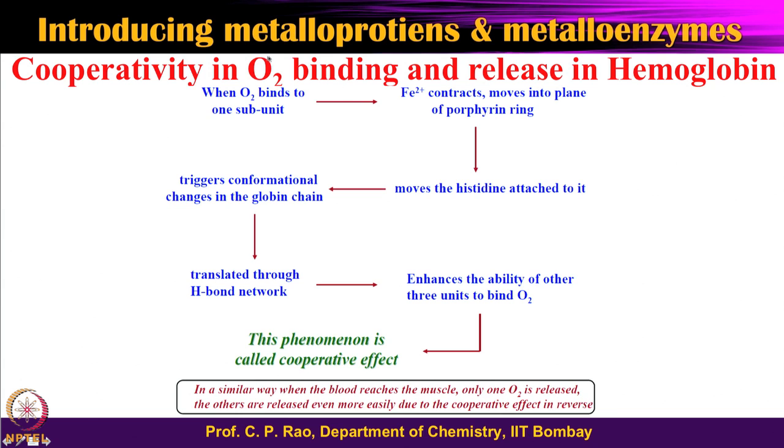So, on oxygen binding, the iron contracts and gets more into the porphyrin ring, that gives a movement on the iron histidine bond, and that creates a conformational change, and this conformational change is transferred from one unit to the other, which results in the cooperative effect. I hope now you understand how the oxygen is cooperatively bound in case of hemoglobin, and this is what is responsible.